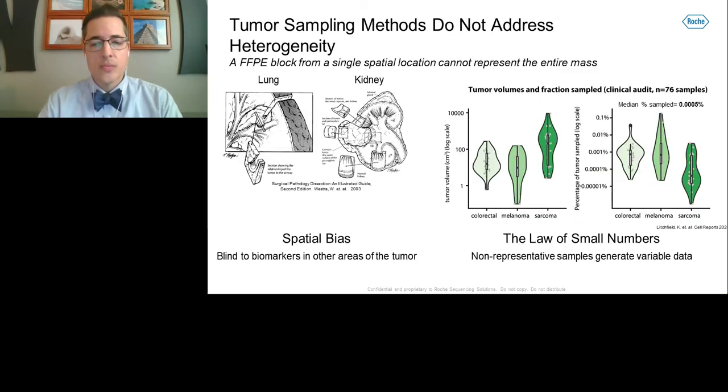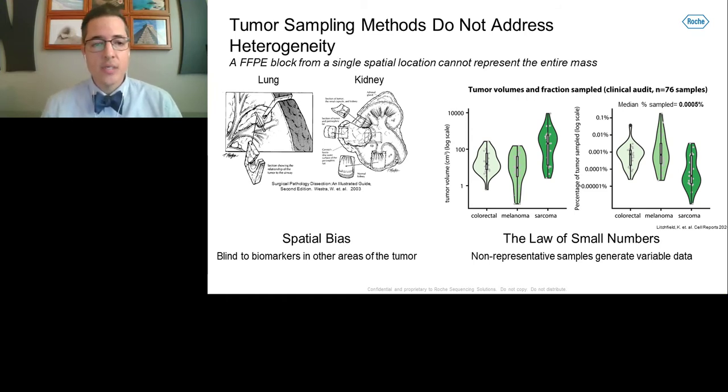So to just touch briefly on how we currently sample solid tumors, I'm very aware that many pathologists are probably watching this and invited to this seminar series. So I'm not going to belabor the point on the left, where we have a couple of diagrams of the standard samples taken for the TNM sampling and staging.